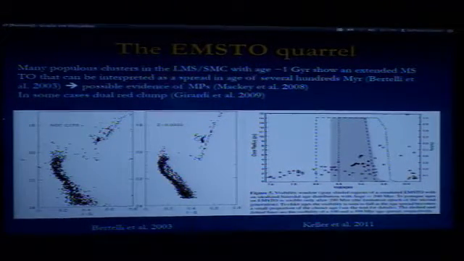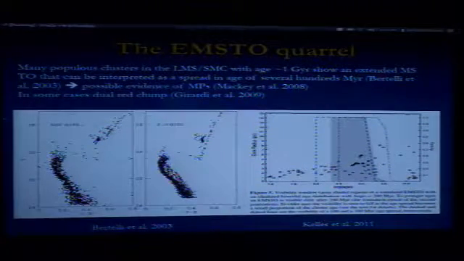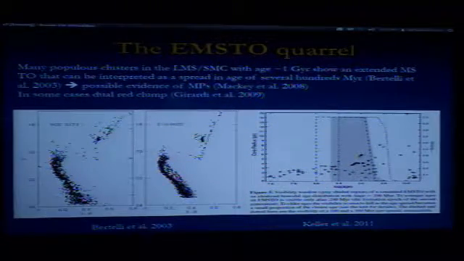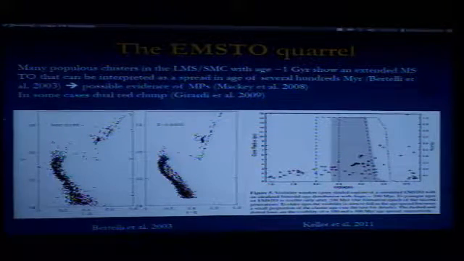So it is not easy to understand how you can keep the gas all this time in this old cluster. This was one problem. But for this reason, people looked for other possible explanations and found a lot of them.